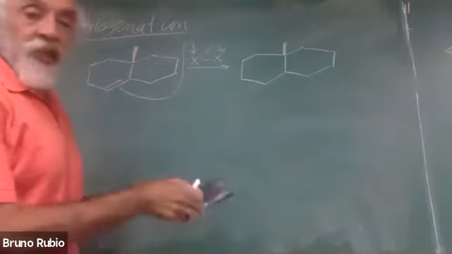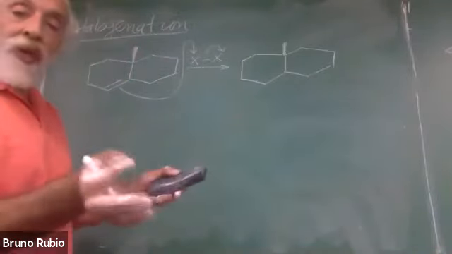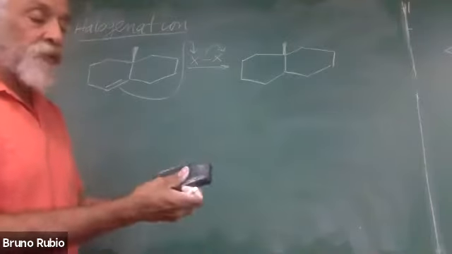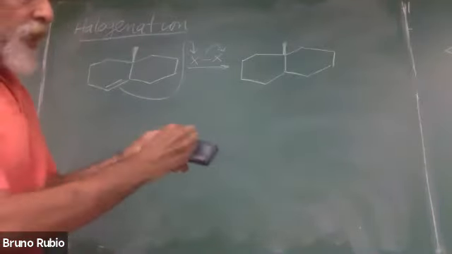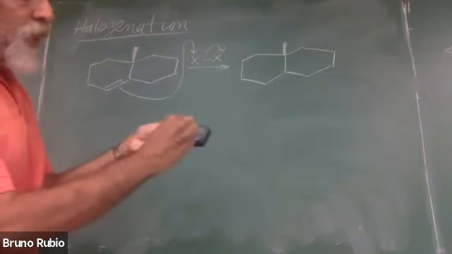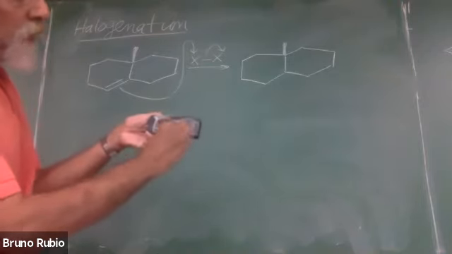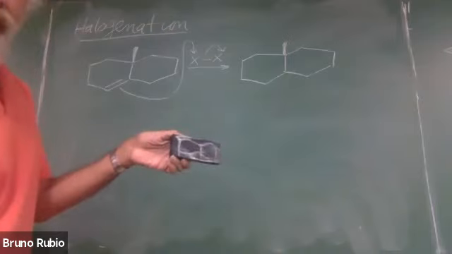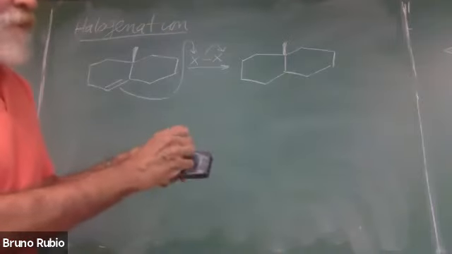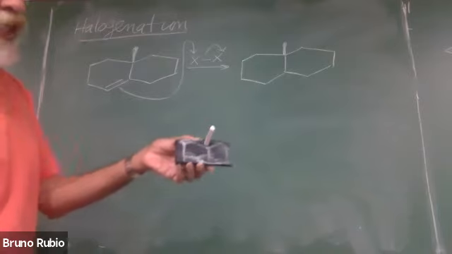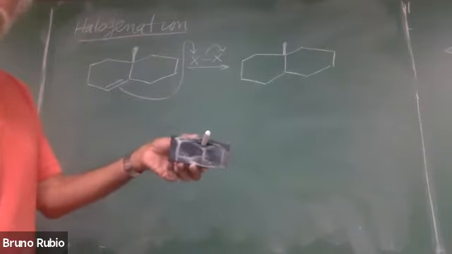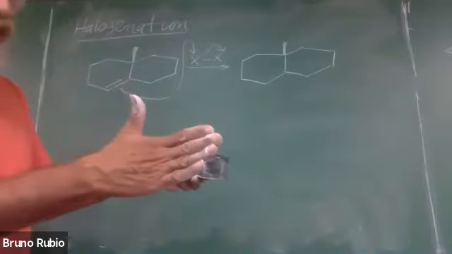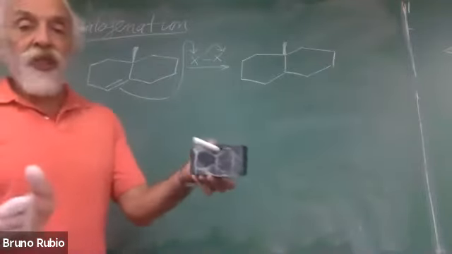Okay, so for example, I don't have any models here. I don't want to take time to make a model, but there's our alkene. Maybe draw two hexagons on it. Here's our methyl group. It's on a wedge sticking up at you. Br2, is it going to approach from this direction?